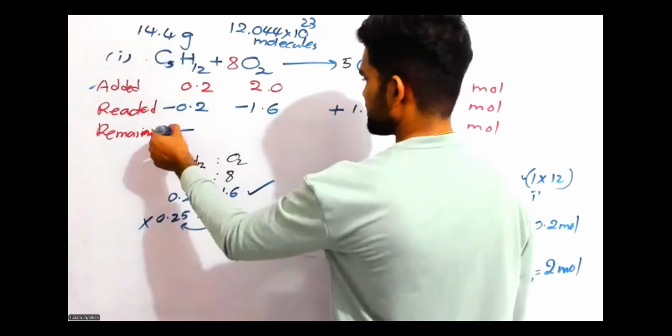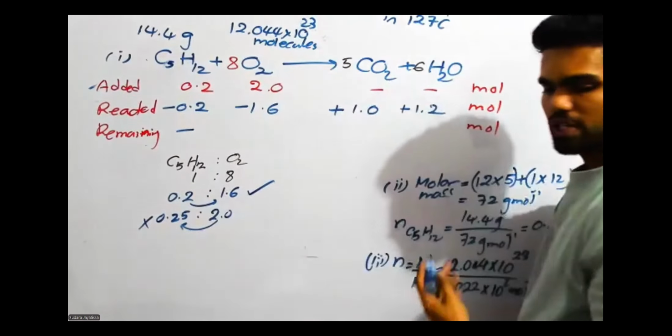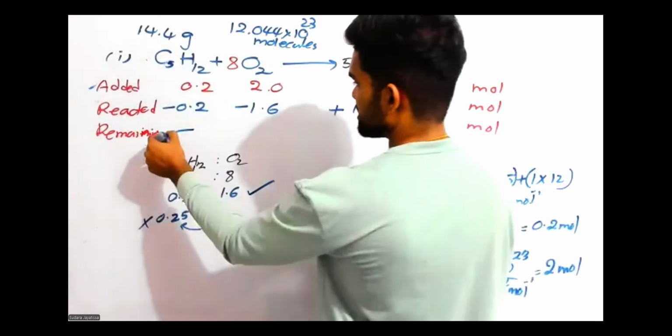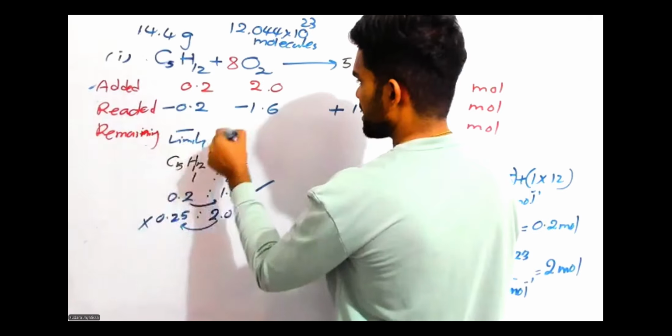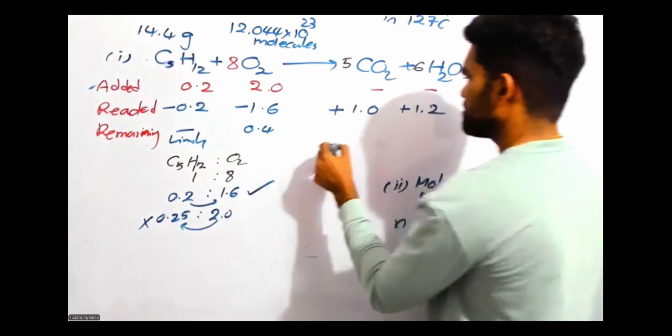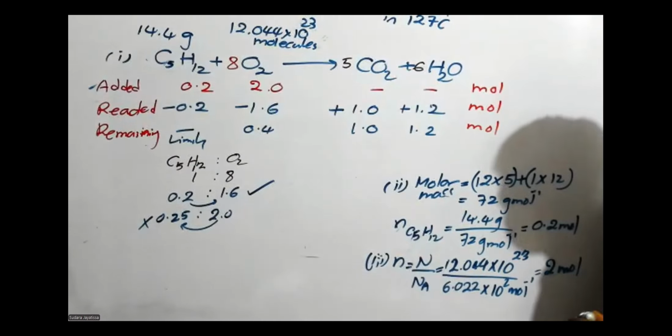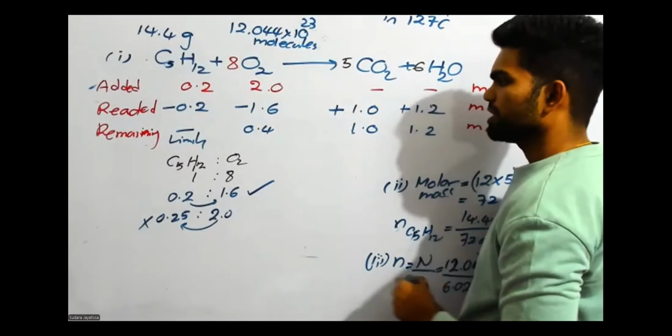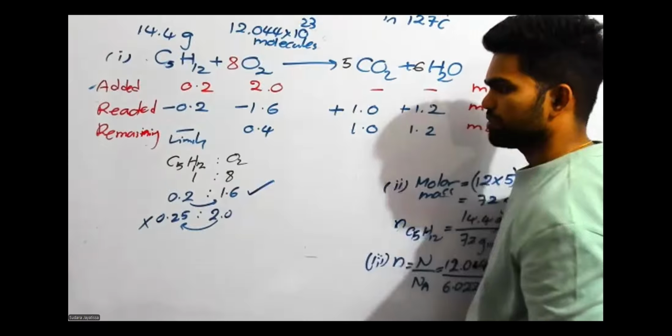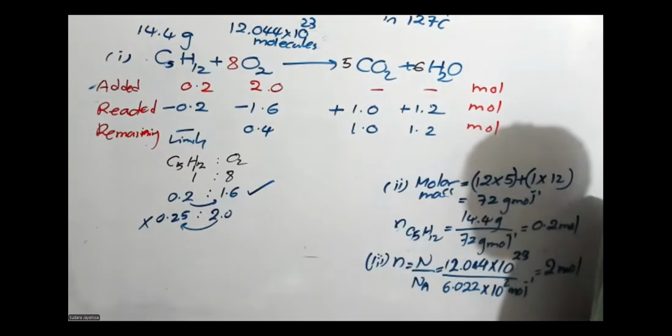Right? So remaining here, C5H12 is completely consumed. So this is the limiting reactant. And here 0.4 moles of O2 are remaining, with 1.0 and 1.2 moles of the products.